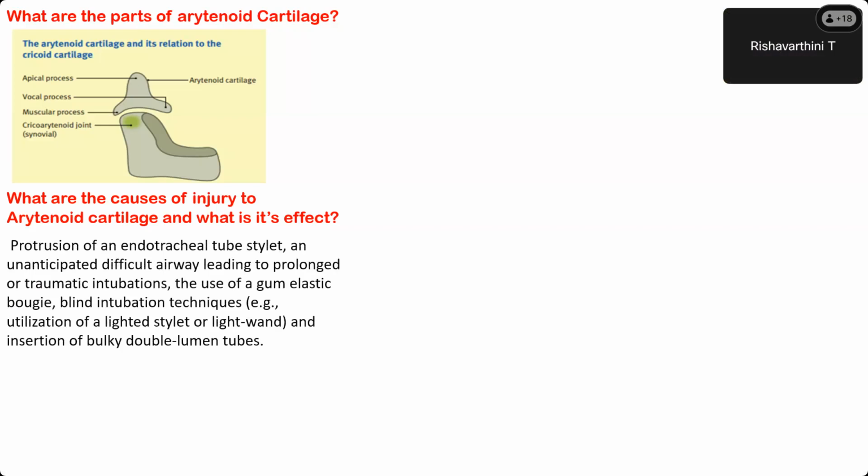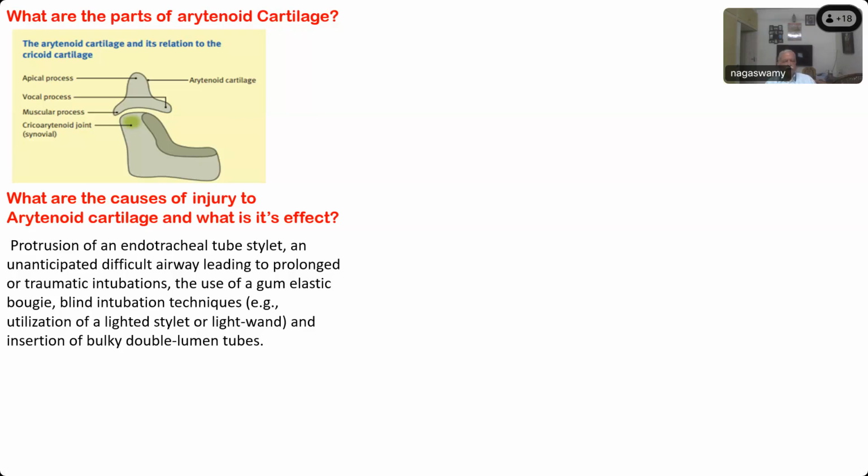Protrusion of an endotracheal tube stylet, an unanticipated difficult airway leading to prolonged or traumatic intubation, use of a gum elastic bougie, blind intubation techniques, and insertion of bulky double lumen tubes. All these things can cause arytenoid cartilage injury.